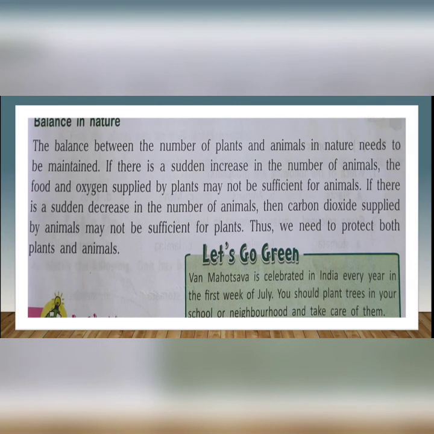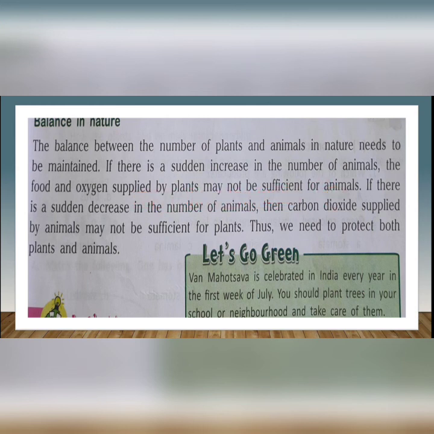The next topic is about balance in nature. The balance between the number of plants and animals in nature needs to be maintained. If there is a sudden increase in the number of animals, the food and oxygen supplied by plants may not be sufficient for animals.